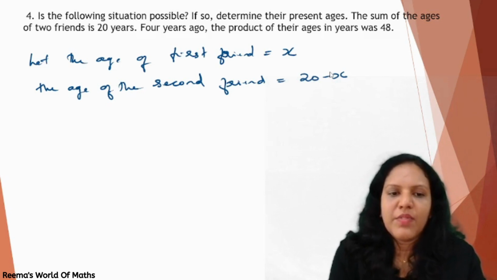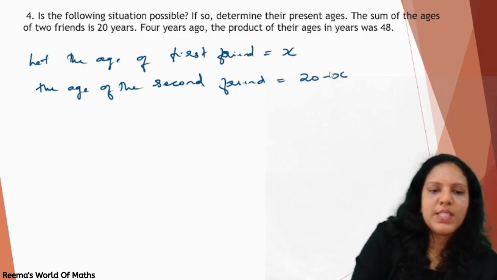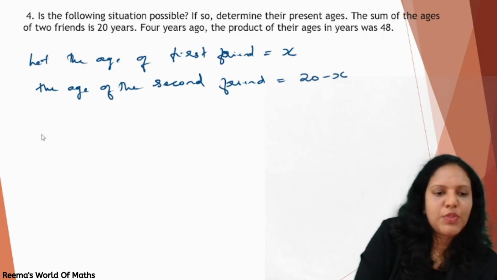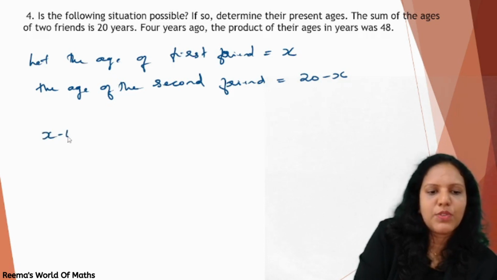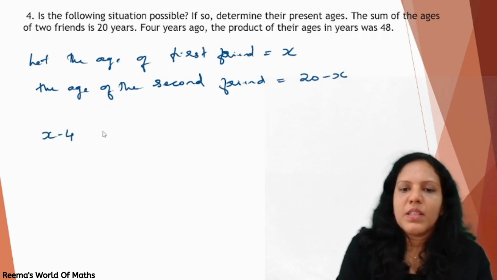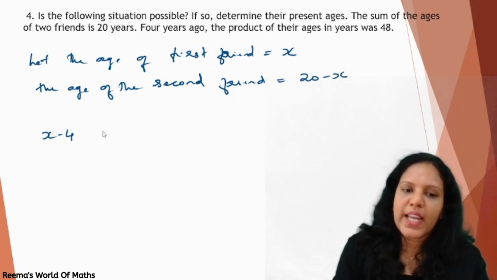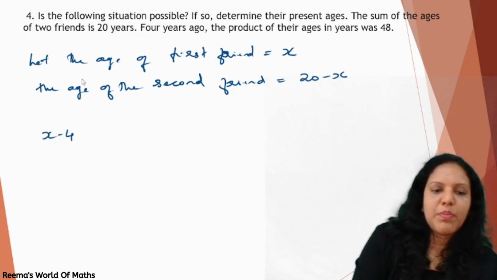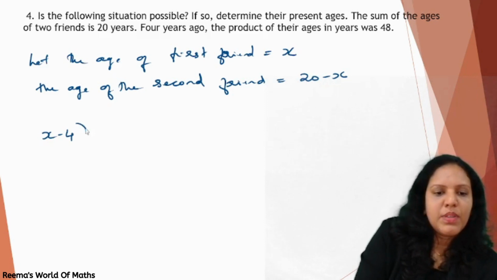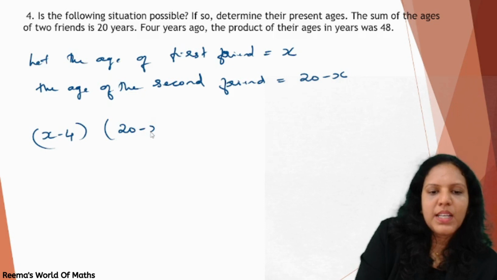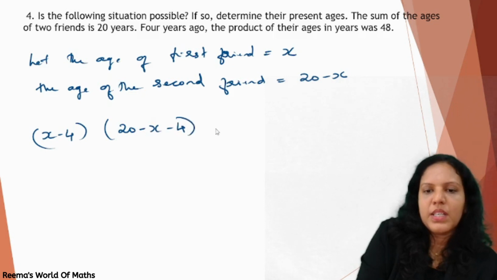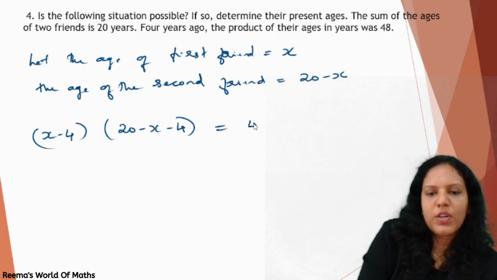Then we are given 4 years ago. 4 years ago the age of the first friend will be x minus 4, and the age of the second friend will be 20 minus x minus 4, and the product of their ages 4 years ago was 48.